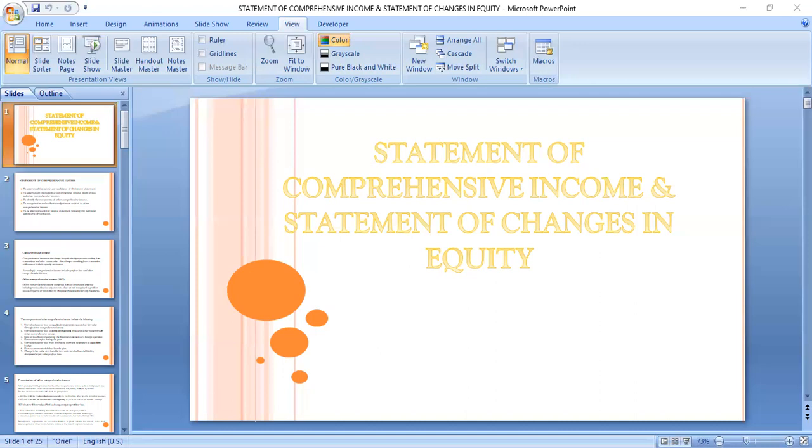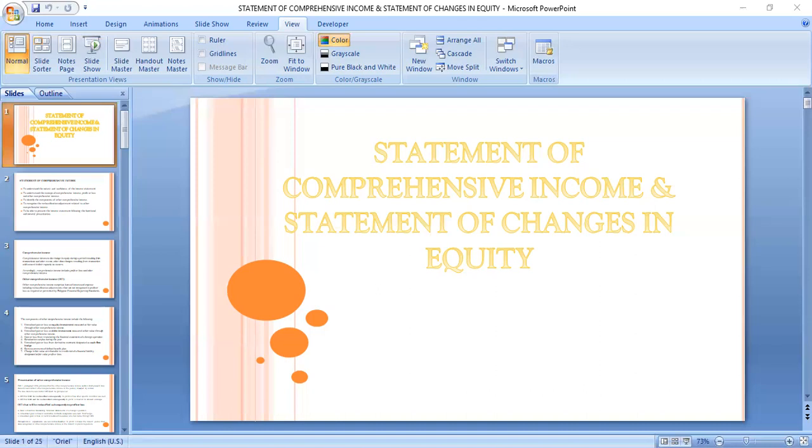An entity shall present additional line items, headings, and subtotals in the statement of comprehensive income or separate income statement when such presentation is relevant to an understanding of the financial performance of the entity.